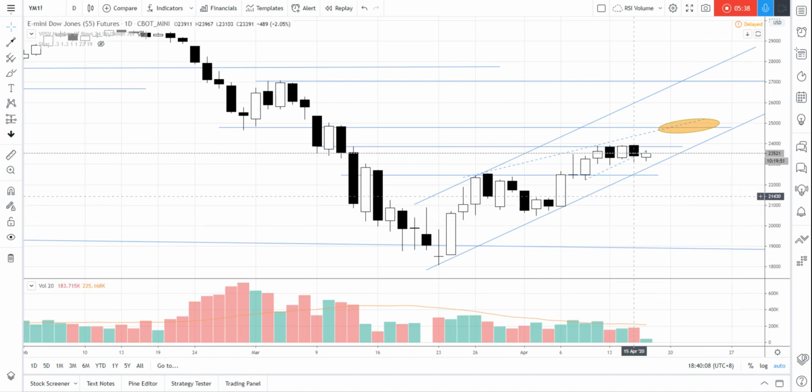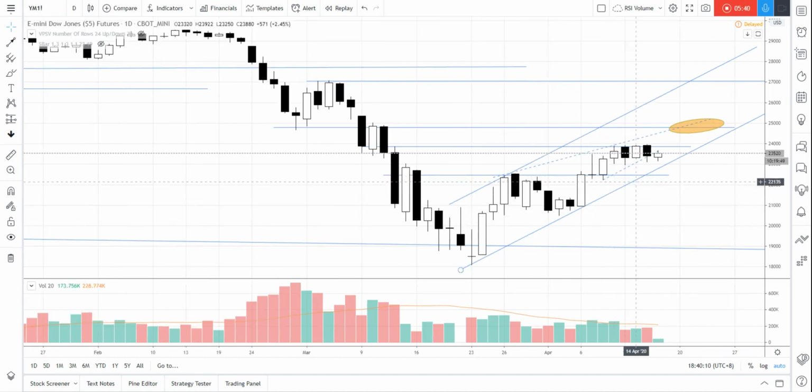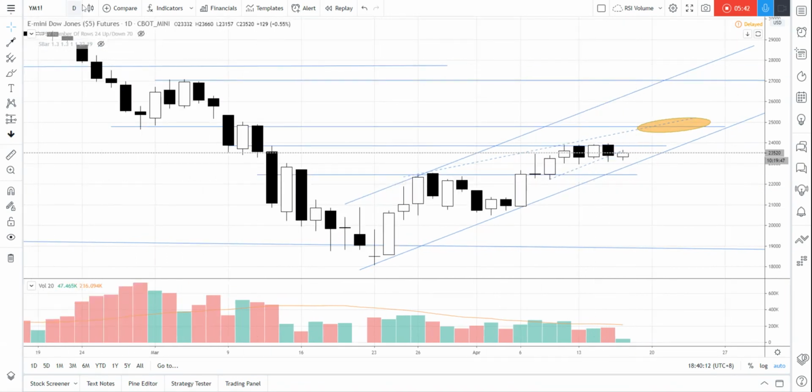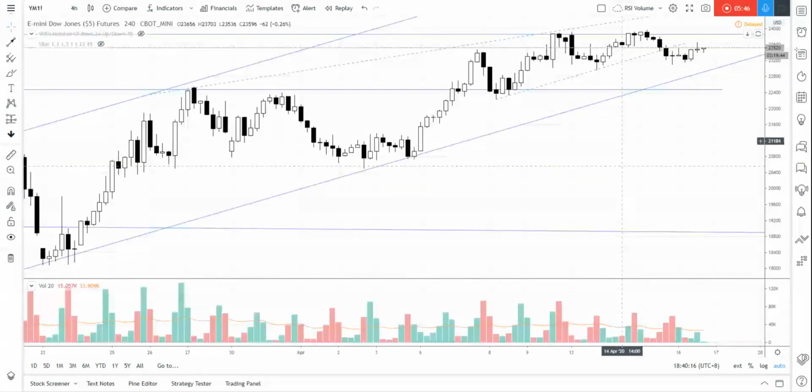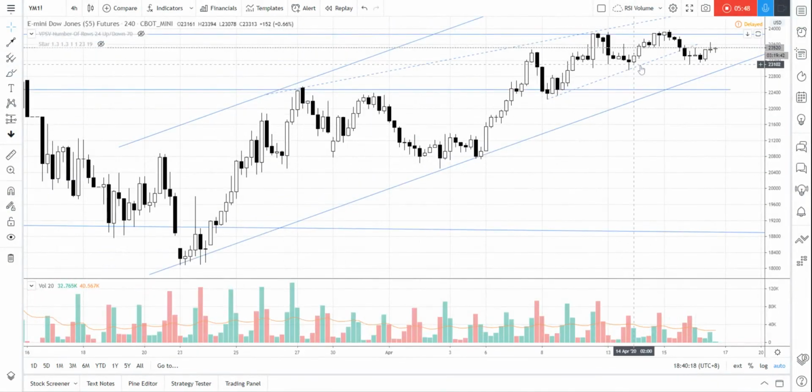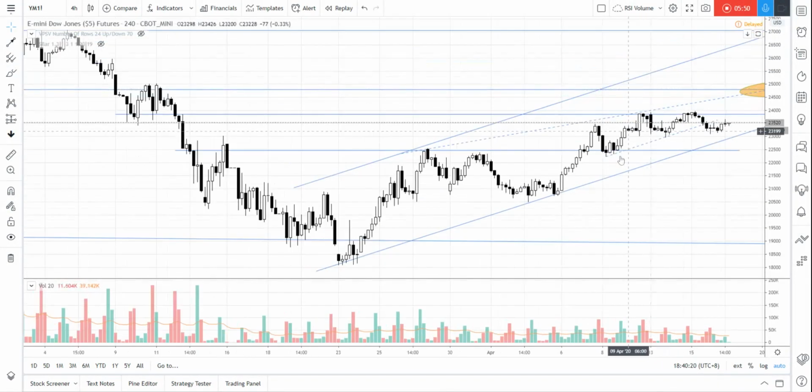All right, let's get into some key levels. I think if we go into H4 here, it's clearer. This is a pretty clear level, 22,500, that is a support level, and the immediate support level is around 23,000.